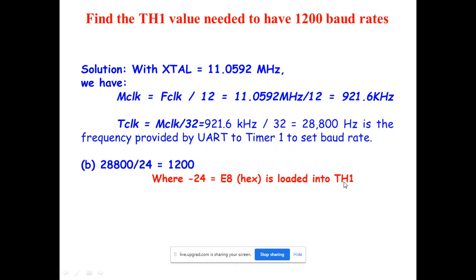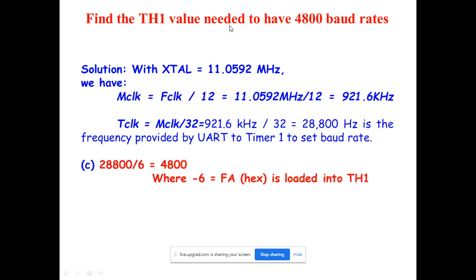When E8 is placed into TH1, it is reloaded into TL1. Now when you start the timer, it increments one by one: E8, E9, EA, EB, EC, like that up to FF. Once one more pulse comes, it overflows, and in this fashion you get the baud rate of 1200.